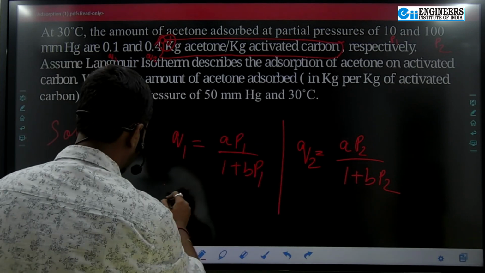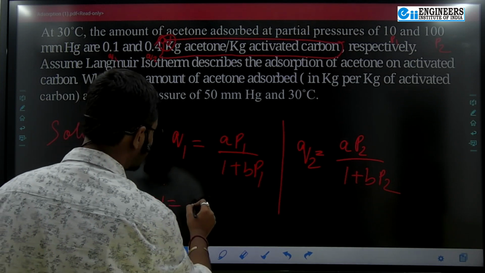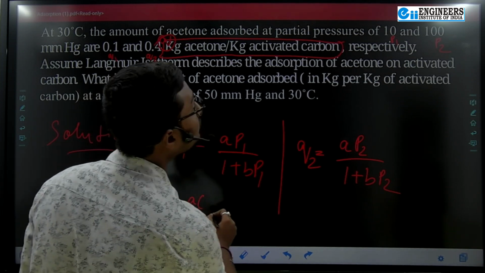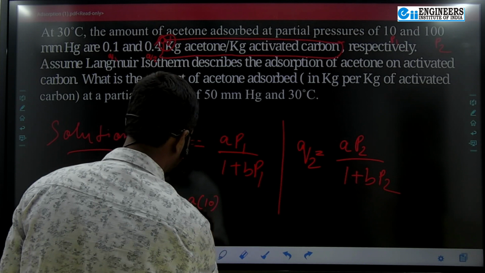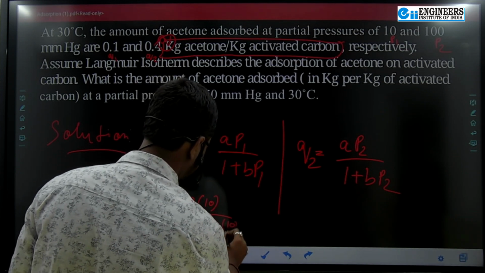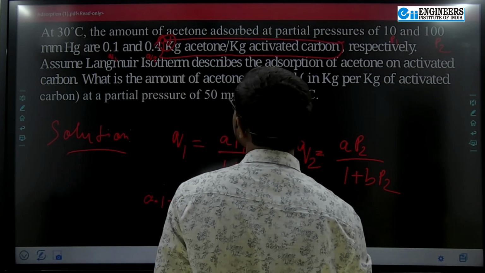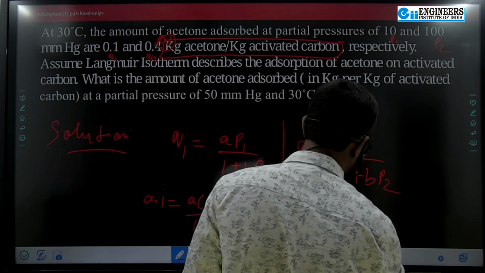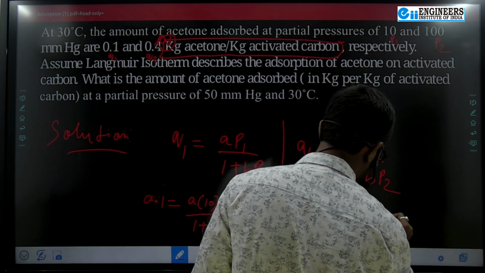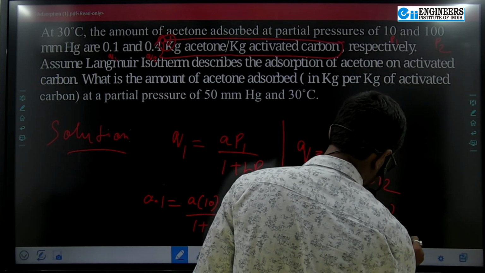Now our equations will turn out to be 0.1 equals A into 10 divided by 1 plus B into 10, and 0.4 equals A into 100 divided by 1 plus B into 100.